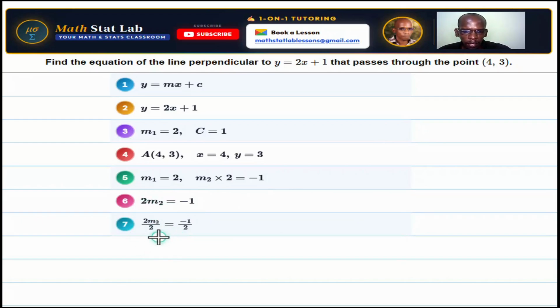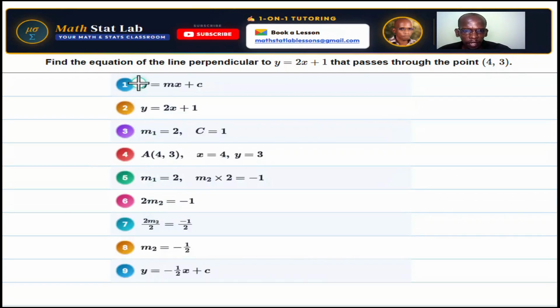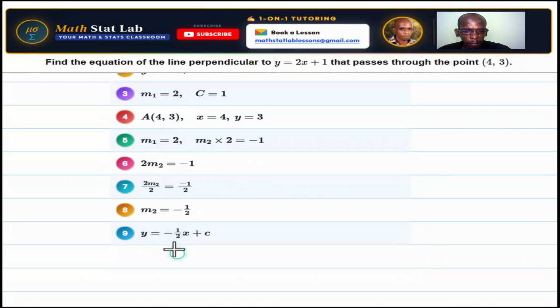Now I get the gradient of the new line: -1/2. Now we can follow the standard form of the equation, y = mx + c. We have m, which is -1/2, so instead of using m, we can replace it with the gradient.